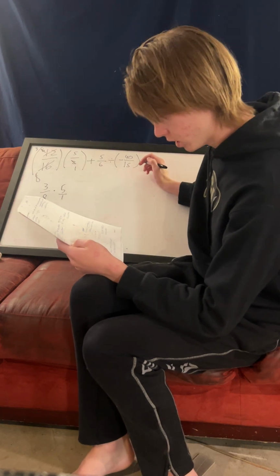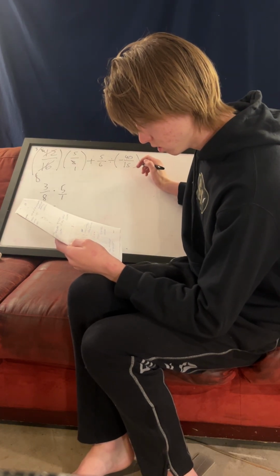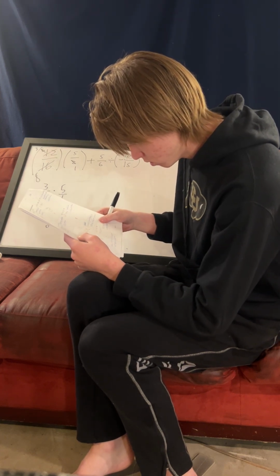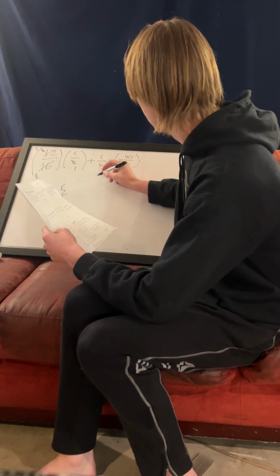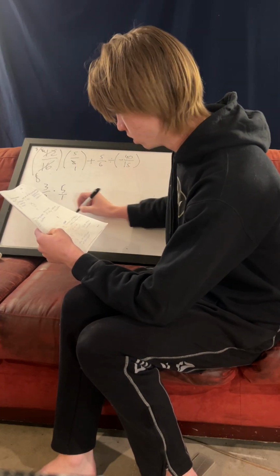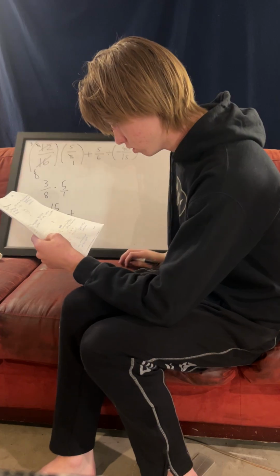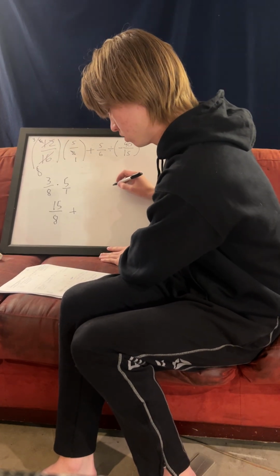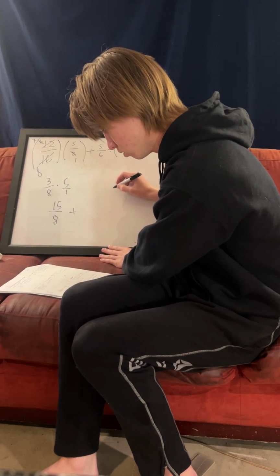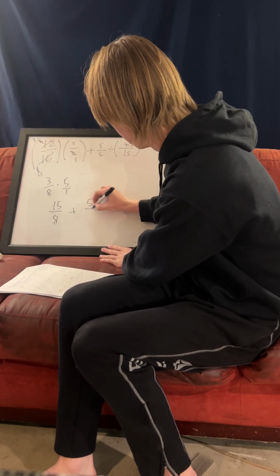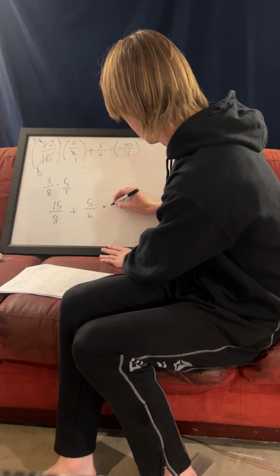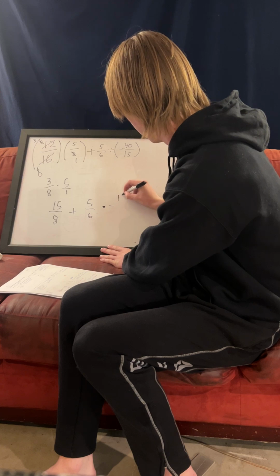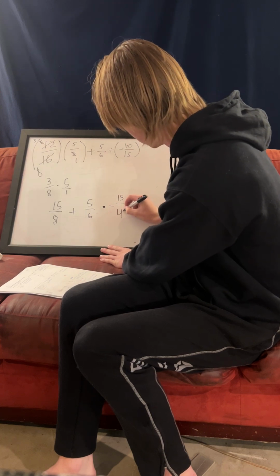This can also be simplified, I'm pretty sure. Yeah. All right, 3. Yes, we flip it. 5 over 6, but then we flip it, change, flip. That's still a negative, so 15 over 40.